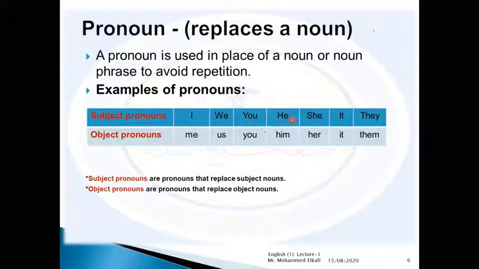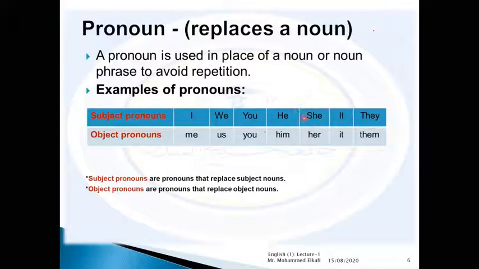He. For a boy or a man, you can use he. Instead of Ali, Umar, Hassan, man, boy, you can use he. Instead of saying Muna or Sarah or Saida, you can use what?